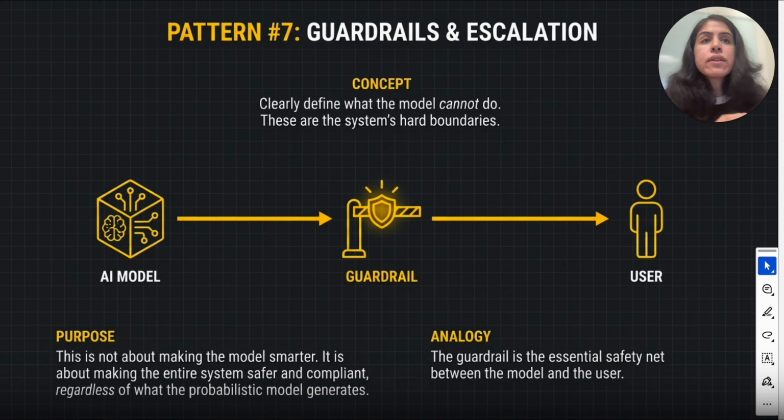Guardrails enforce safety, detect uncertainty, and validate inputs and outputs. They define what the model cannot do. They are not about making models smarter, they are about making systems safe, predictable, and compliant, regardless of what the model generates.